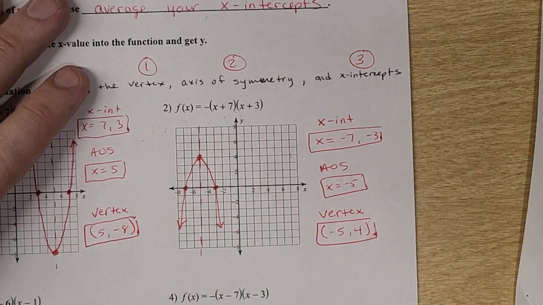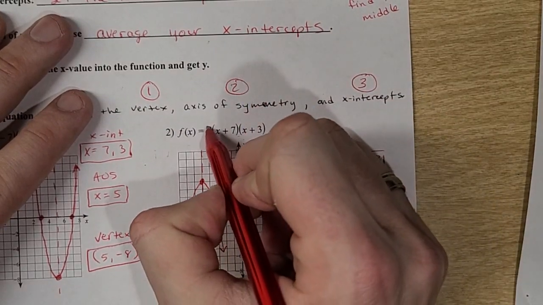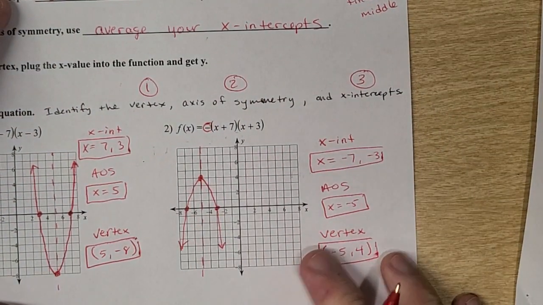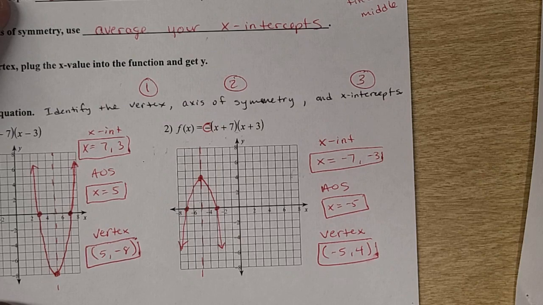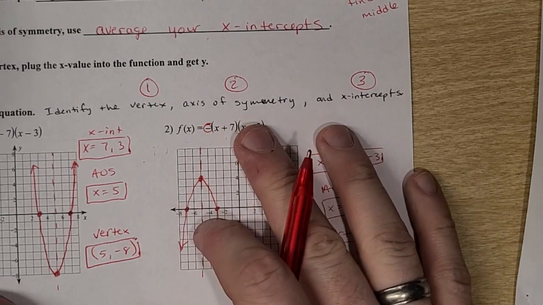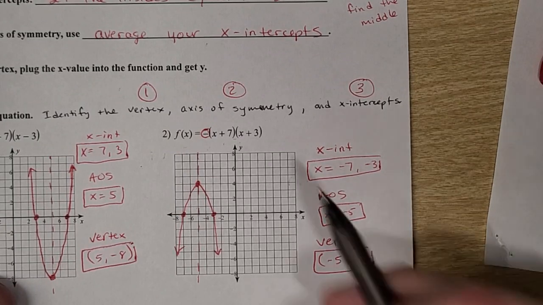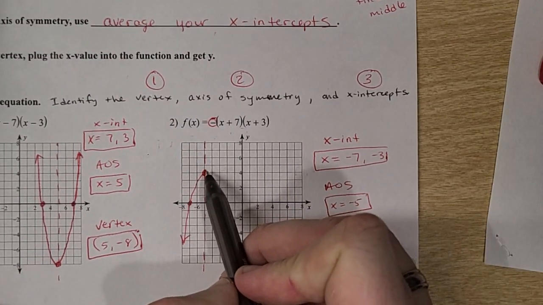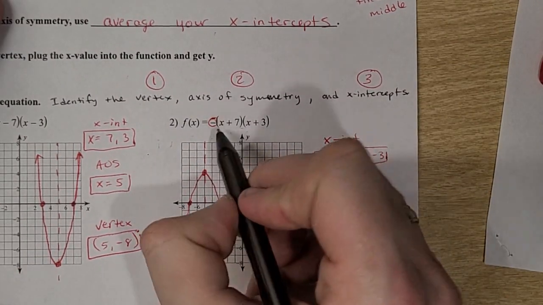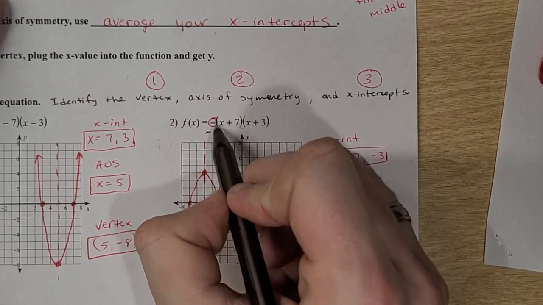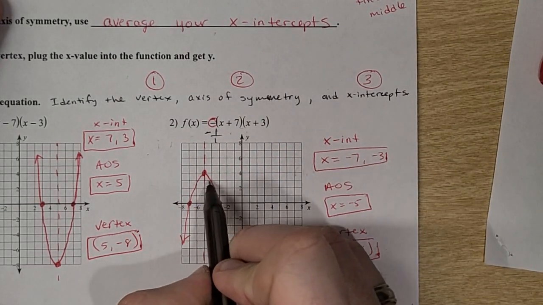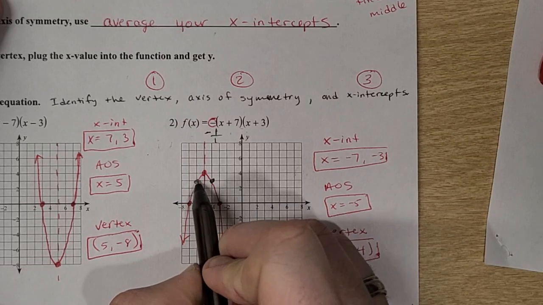One more thing just to note. This number in front is the a value, right? And what I told you with standard form and vertex form is the a value is actually the slope from the vertex to the next point on the right-hand side. So this number in front is negative 1 over 1: down 1, right 1, mirror image on the other side.